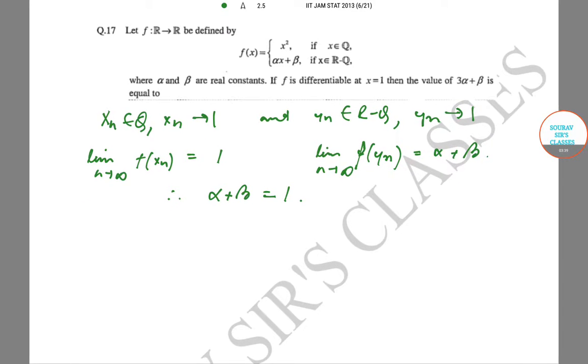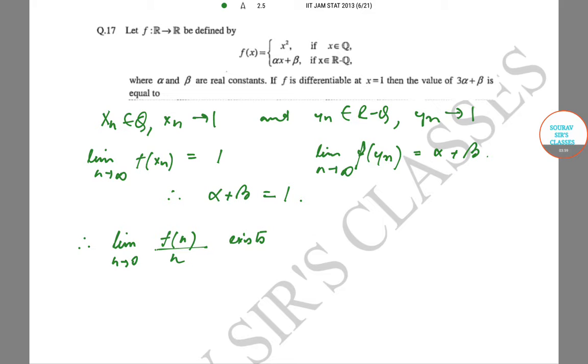Now it is differentiable at x equal to 1, so limit as h goes to 0, f of 1 plus h minus f of 1 by h exists.